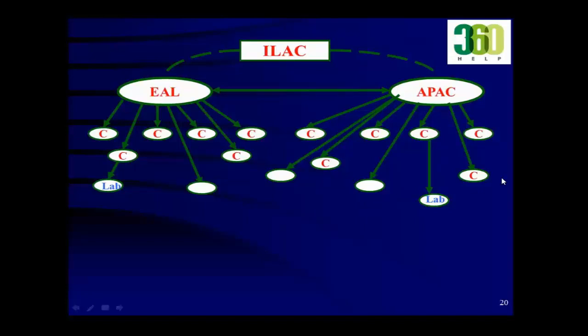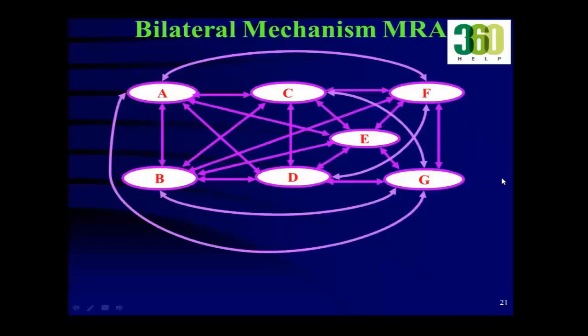Similarly there is a European one, and all these countries are connected to each other through mutual recognition agreements, which are MRAs. So ultimately, all over the world your results become comparable when you become ISO 15189 certified. This is the bilateral mechanism of MRA.